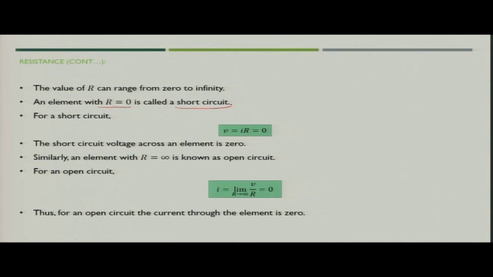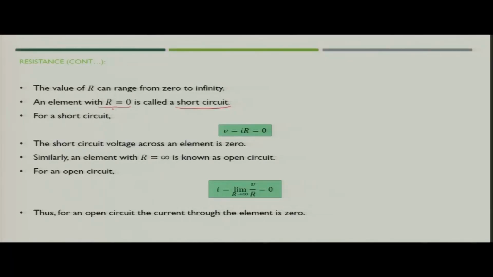That is the ideal condition, because in practical scenarios all electrical wires have their own resistance, although it is small as compared to other resistive elements, but it still needs to be considered. Under ideal conditions we assume that the value is 0. So, when the value of R is 0, we call it a short circuit condition.